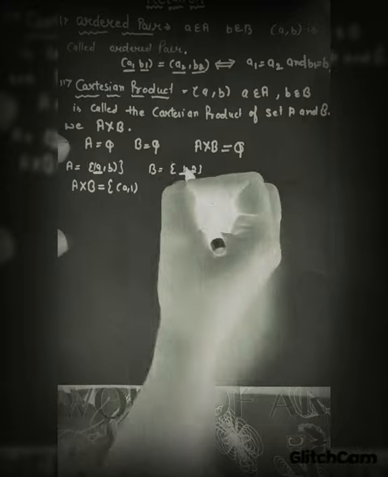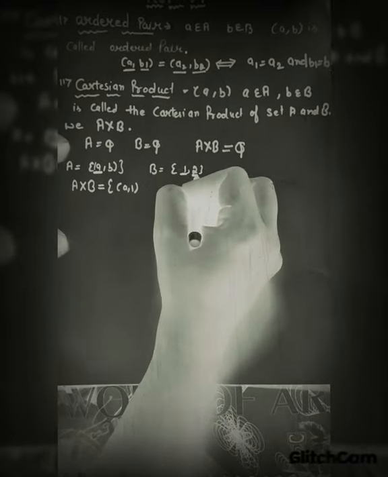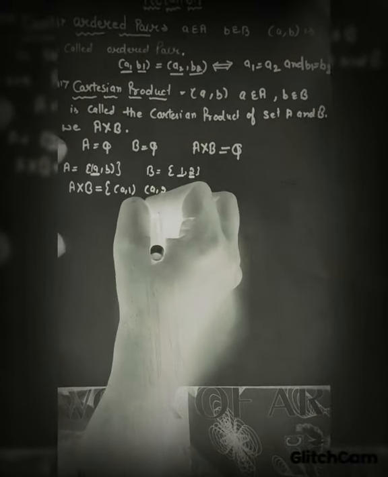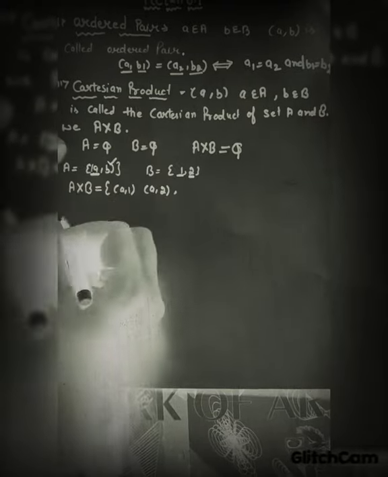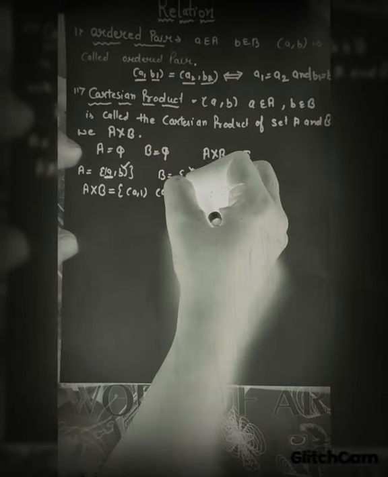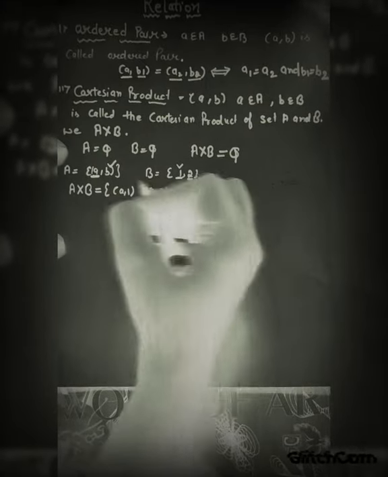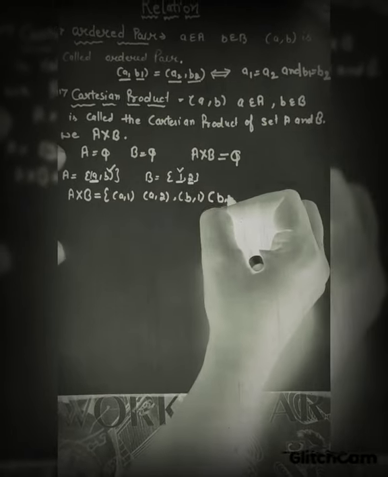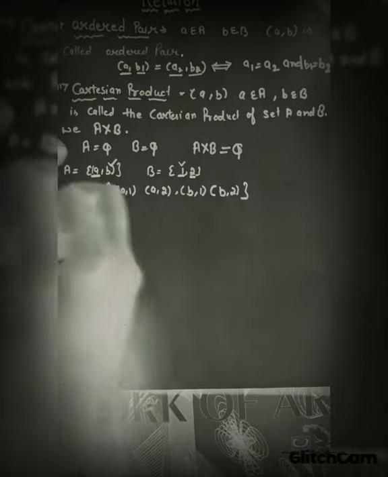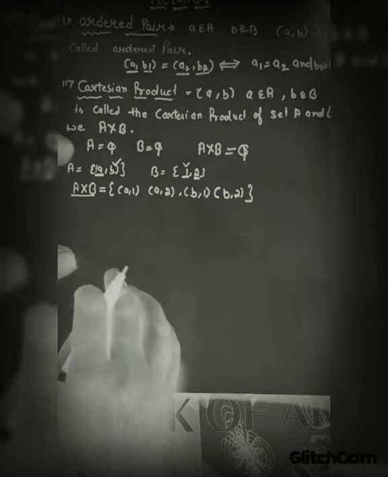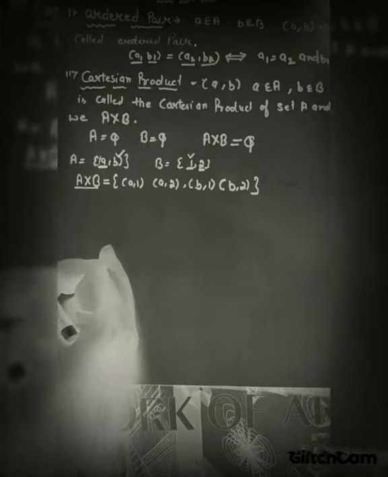Next, the first element of set A and the second element of set B, (a, 2). Next, the second element of set A, b, and the first element of set B, that is (b, 1). And next, again the second element of set A and the second element of set B, that is (b, 2). Then this is the Cartesian product A cross B.